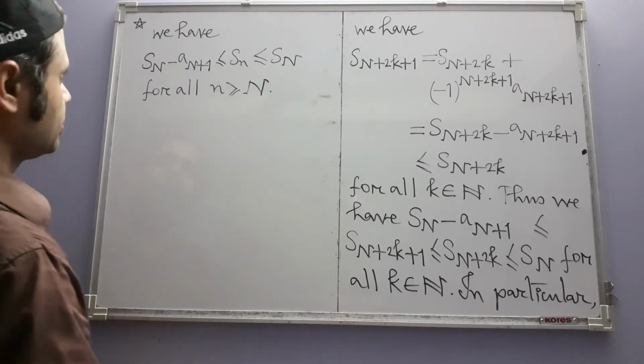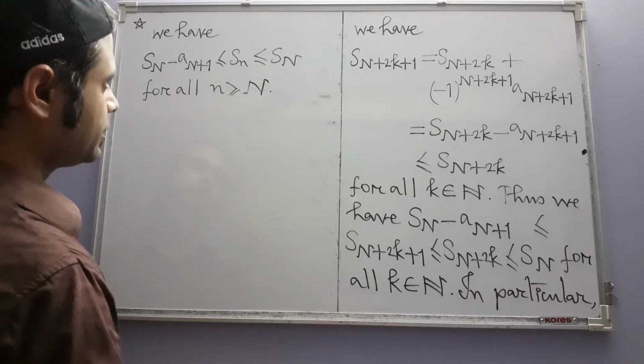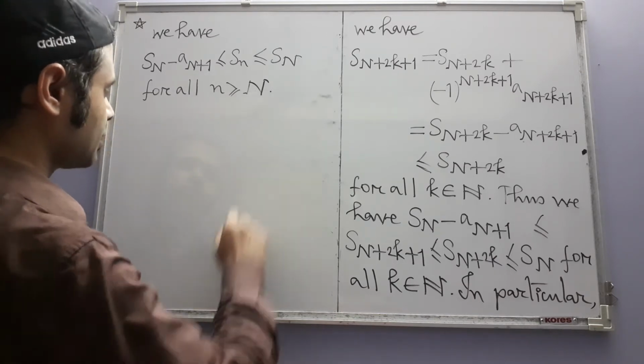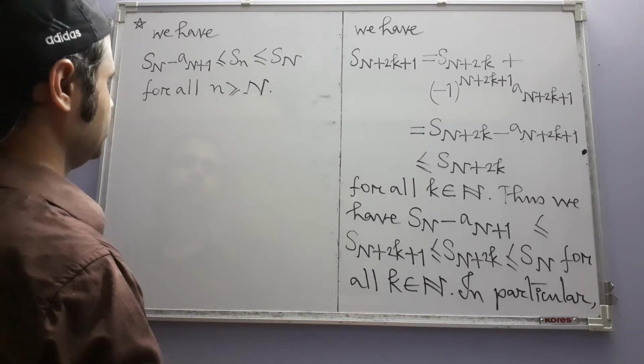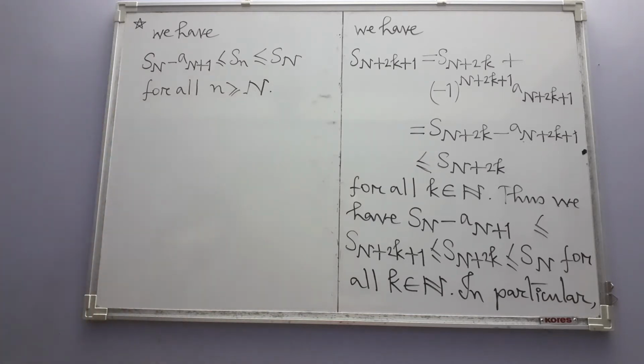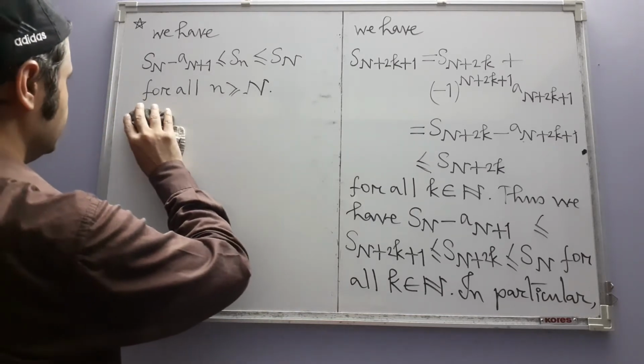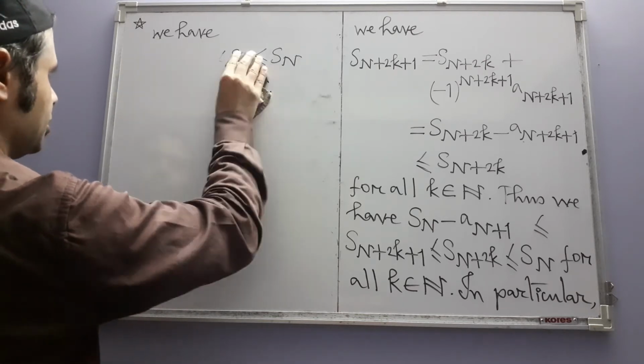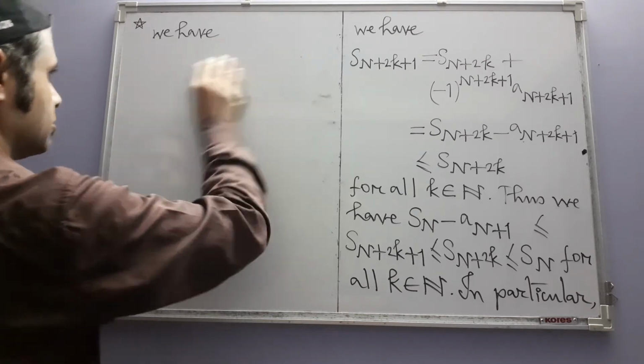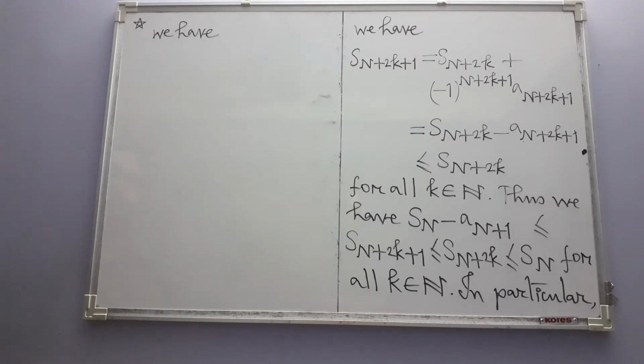Now note that we can in fact write something else also here, which will be necessary for what I am going to do next. Instead of simply writing these inequalities, we are going to write a little more.